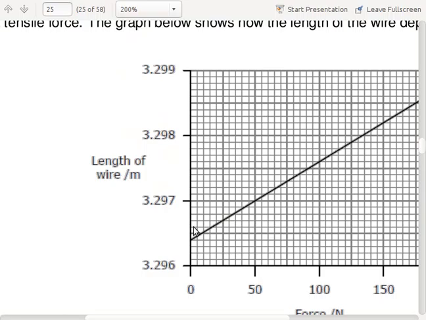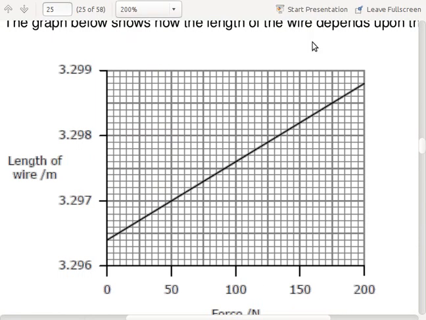Can you write that down? Okay? Now let's go to the very end. At the very end, the length is 3.2988. Can you write that down? 3.2988.